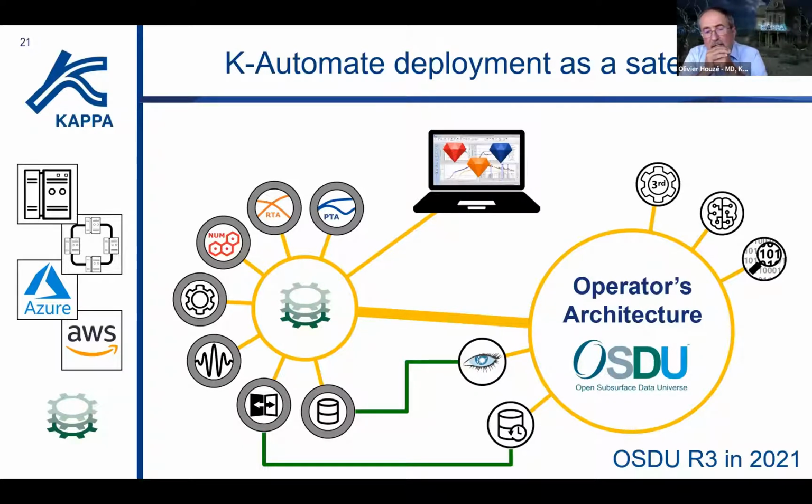Also, what is important is that there has been a sort of consortium initiative called OSDU, which is now grouping a large number of operators and service providers. And this is a great opportunity because it will allow us, very early in the development process, to interface with other software vendors in order to offer not only a standalone solution, but also a solution that will be plugged to other environments.